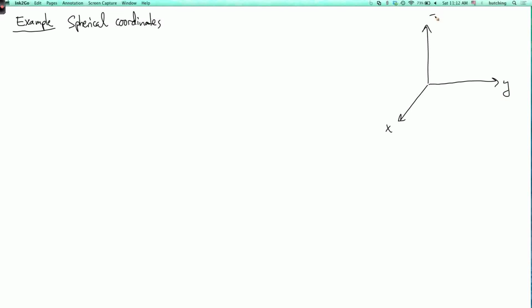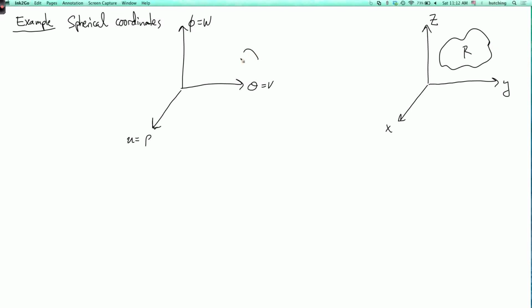Then we're going to switch to the spherical coordinates rho, theta, and phi. So here, this is what I was calling u before. So here u is rho, and theta is v, and phi is w. Okay? So I have my region R over here. It corresponds to some other region S over here.